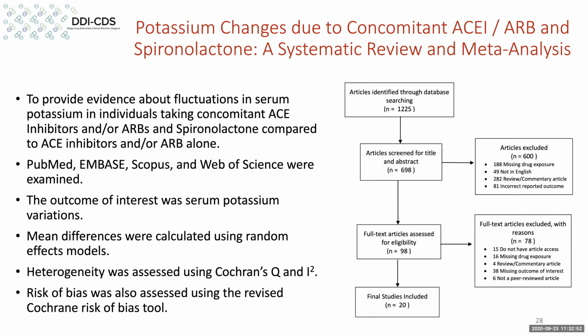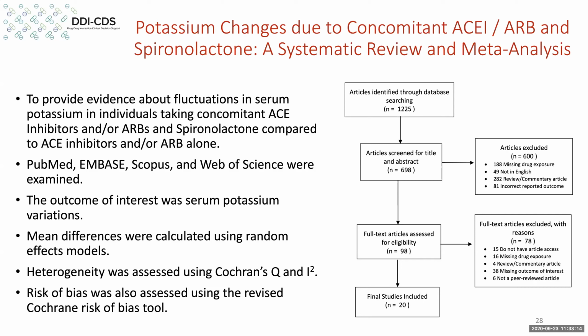So the outcome of interest was the serum potassium variations. We used R for our purpose, that package, and then we measured the mean differences. And also we controlled for heterogeneity, and we also assessed for risk of bias using mostly the tool provided by the Cochrane library.